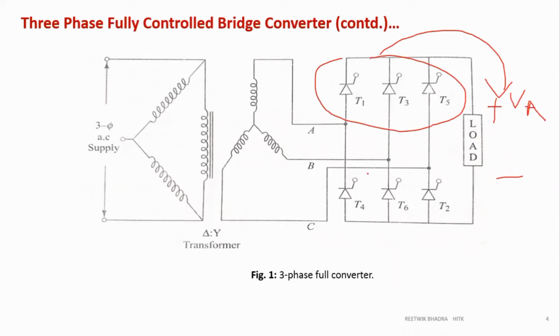If T2 is on, the lower part of the switch, it is connected to the negative, so it will provide a return path of the current. So if T2 is on, this is C, so this will be VC. So VA is plus, VC is minus, and you'll get VA minus VC, that is VAC at the load. That's why our odd numbers were called the positive group and the even numbers were called the negative group.